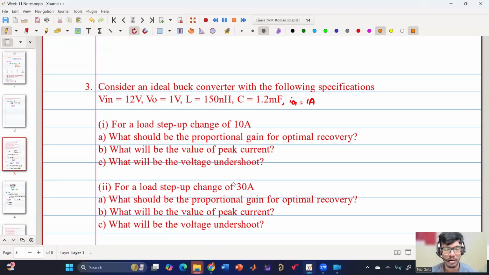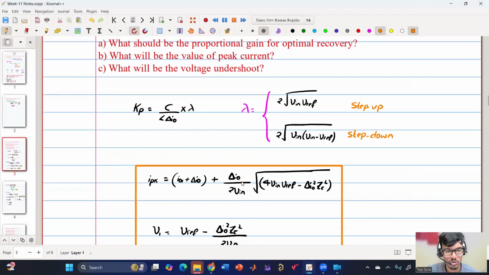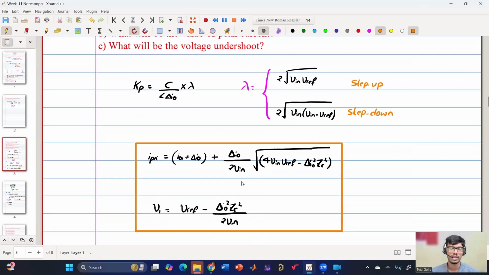For a load step up transient of 10 amperes as well as 30 amperes, I have asked what will be the proportional gain for optimal recovery, what will be the value of peak current, and what will be the value of voltage undershoot. So first I have listed down the proportional gain for both load step up as well as step down, and then the peak values, and then V1 from where we have calculated the peak value as well as undershoot for both the load step up cases. So is this question clear?